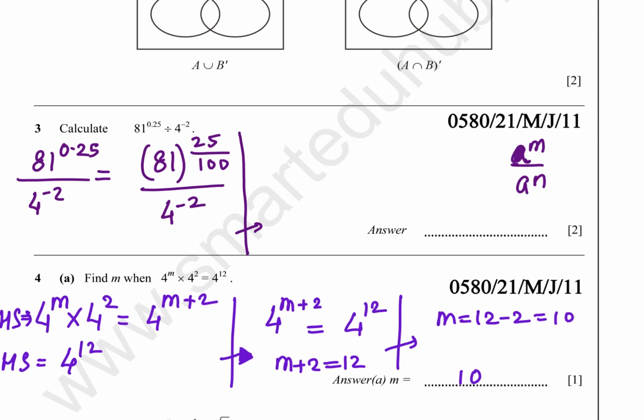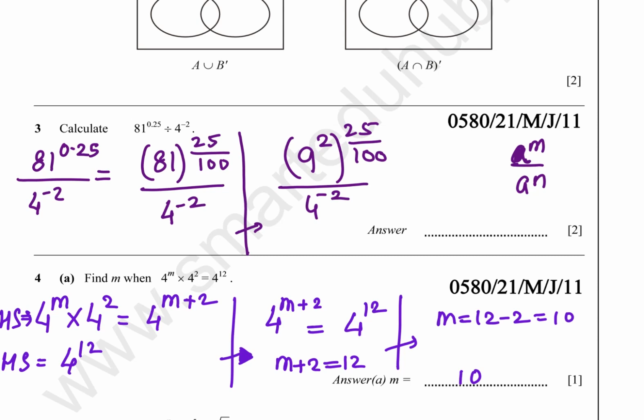Okay, so that means I can do 9 raised to 2, the whole raised to 25 upon 100, and the whole thing divided by 4 raised to minus 2.